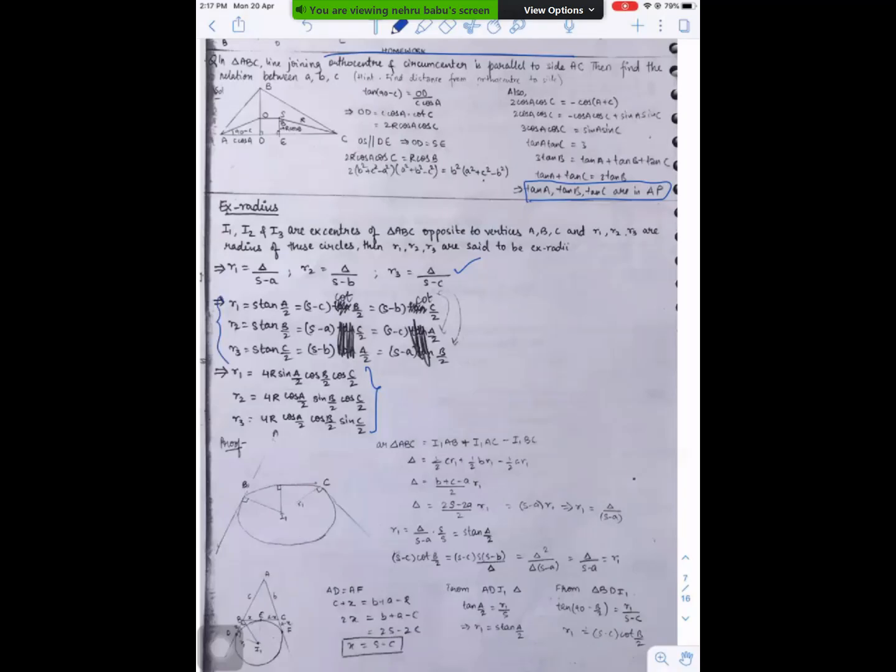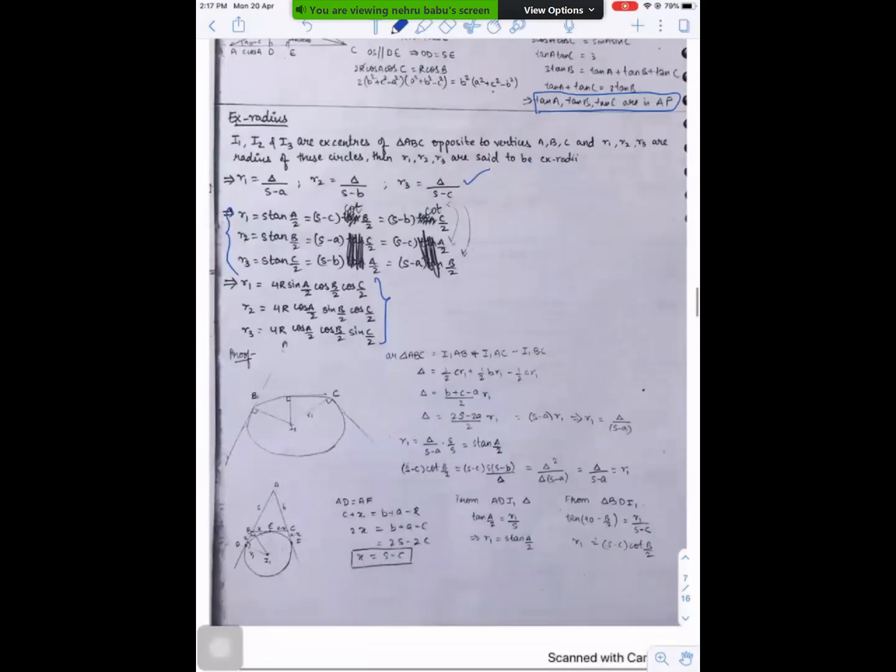Here is the third priority. If you take the excircle opposite to A, what is the length of the tangent from A to this excircle? Length of tangent I am asking, from A to the excircle opposite to A. If you take this point and name it D, AD length is the length of the tangent from A to that circle.